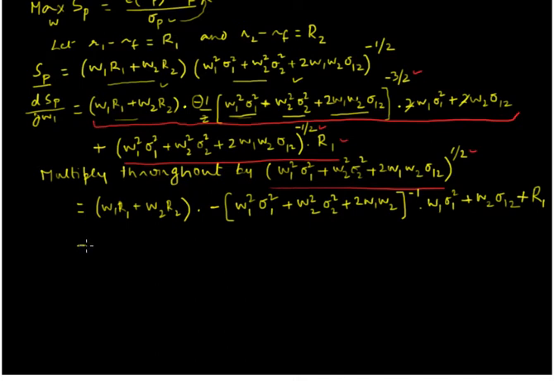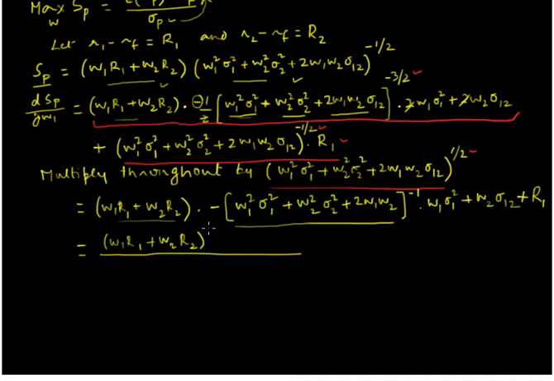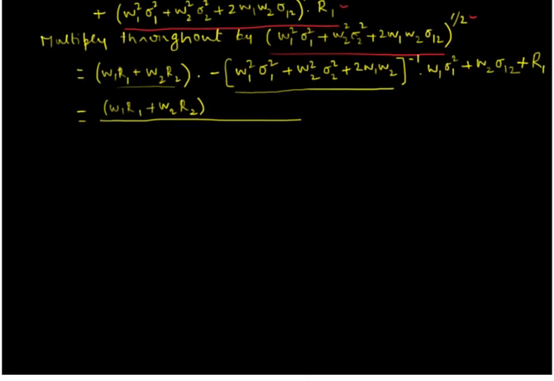Now let us see what we can do. We can write this whole term as a fraction. We can take this term down into the denominator, so that this power is going to become plus 1. So what we are going to have on the numerator? We are going to have this item. What else are we going to have? We are also going to have this item. So let us multiply.